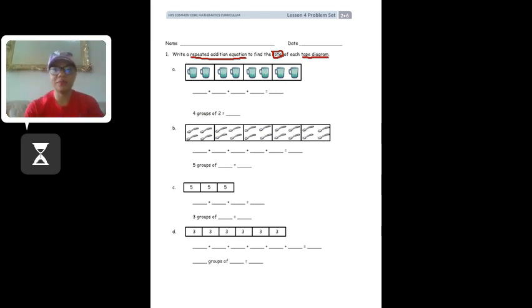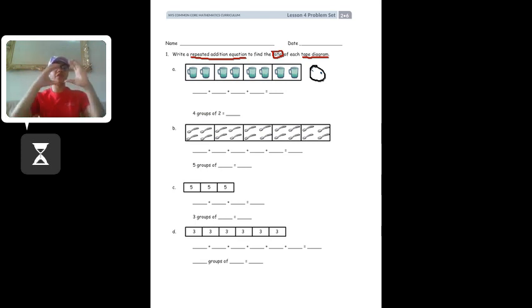So instead, let me grab my black pencil just to show you real quick. Instead of having circles with 2 cups on the inside, we have a tape diagram that is sectioned off into groups.